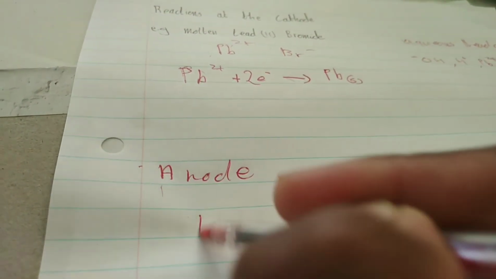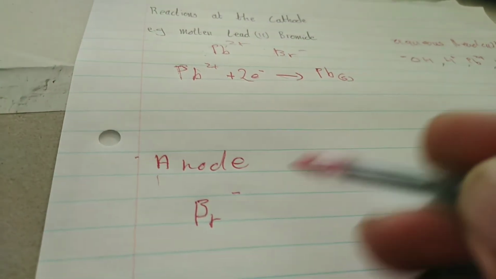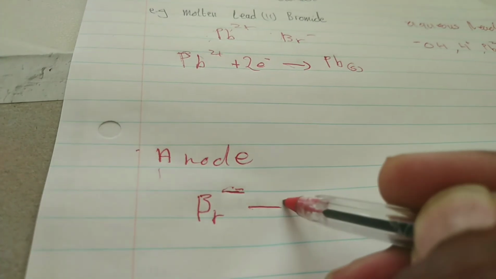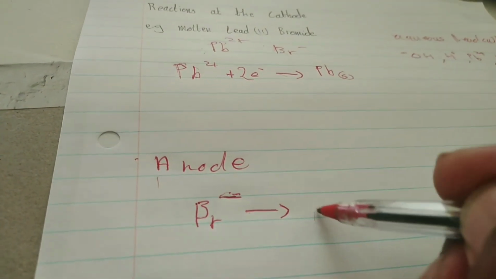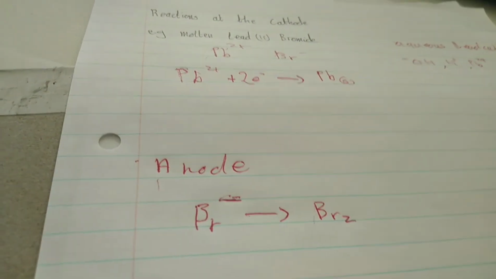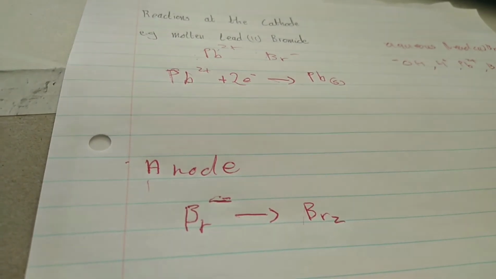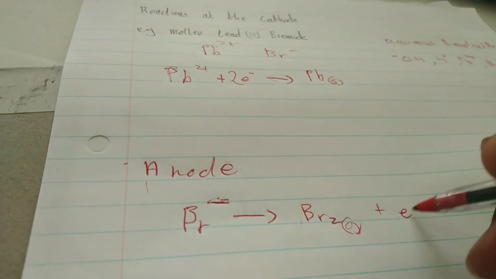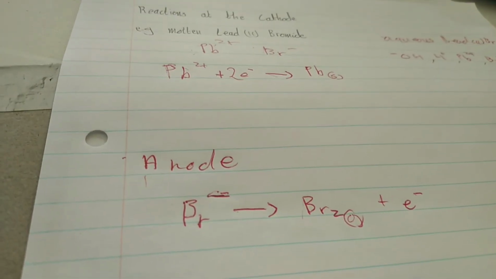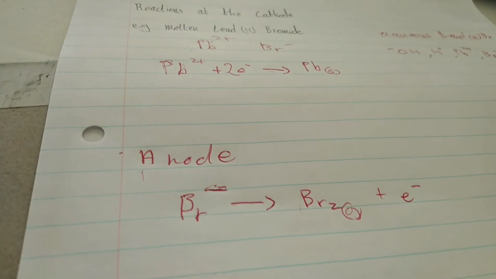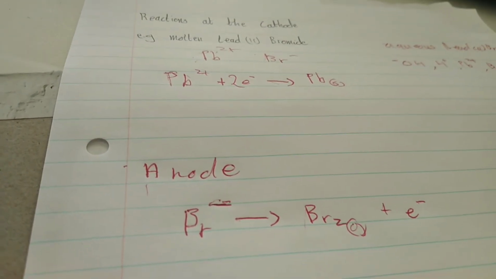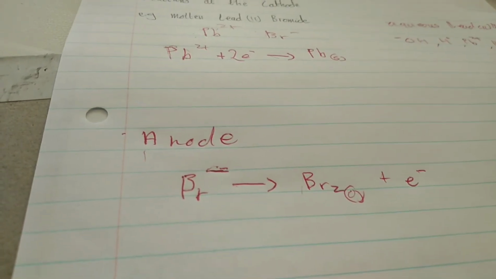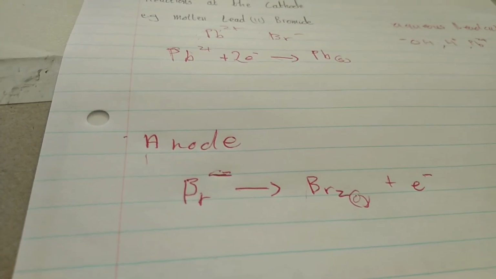So we have the bromide ion. And for us to form the bromine at the end, it will be formed in the form of a gas, plus an electron that will be lost and attracted by the anode. So this is the reaction that will take place at the anode.